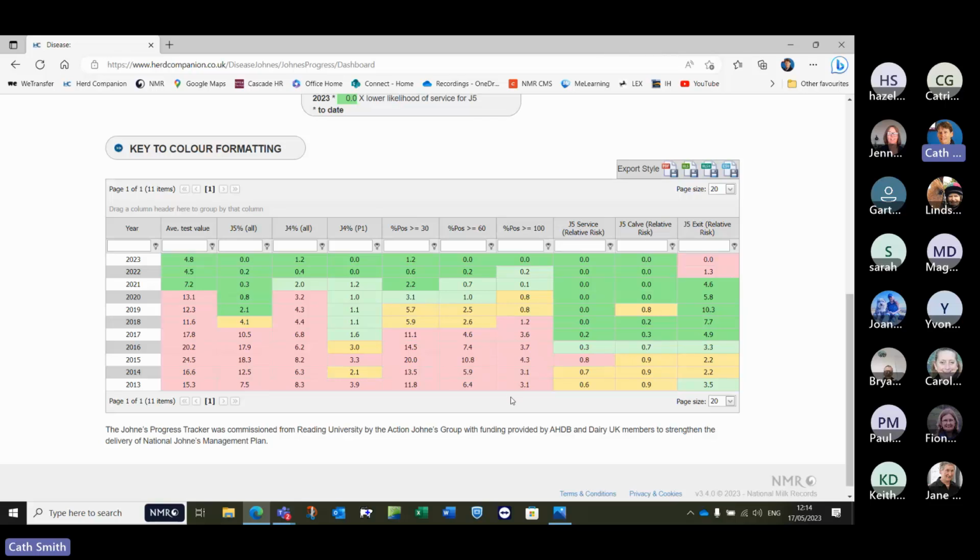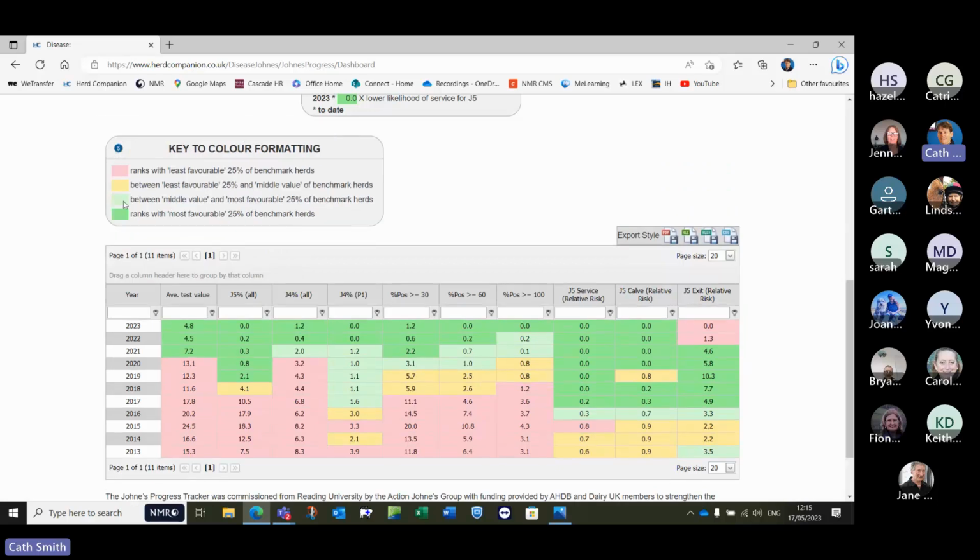The colour coding is also relevant because what we've been able to do here is benchmark for about 230 Johne's tested herds that have been on Herdwise for a number of years now. I think we've got a 10-year sort of trend in there, hence the 2013. We can now compare your herd to the top 25% of those 200 odd herds. And if I just click on the key here, you can see what that actually means.